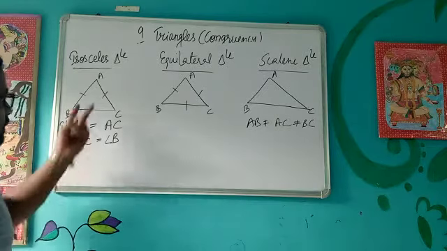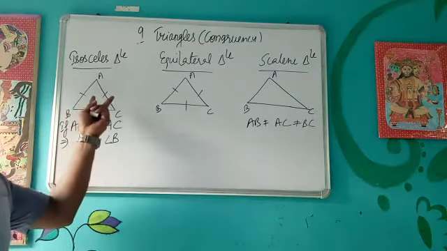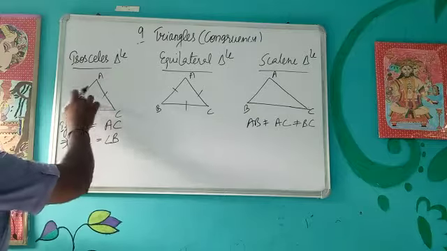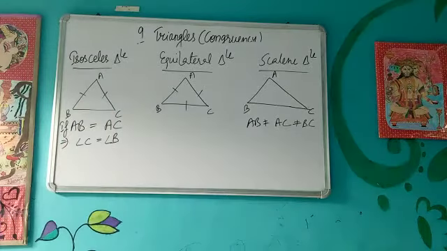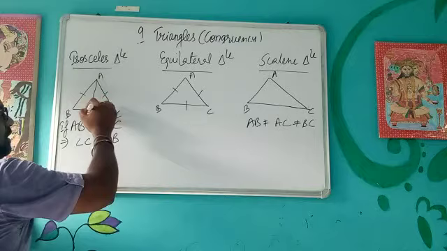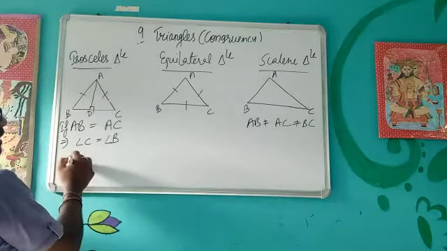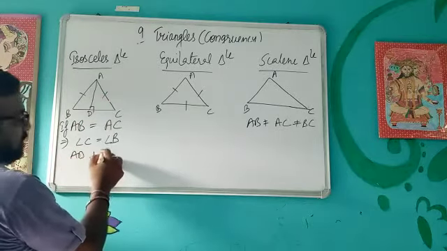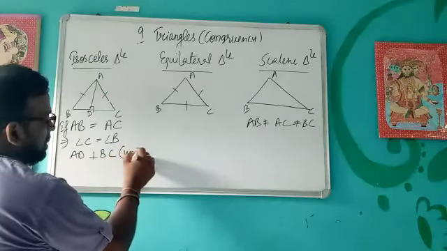So whatever are the sides which are equal to each other, the angle opposite to that side is always equal to each other. Then one more important property, if you drop a perpendicular to the unequal side, okay, this is the unequal side.